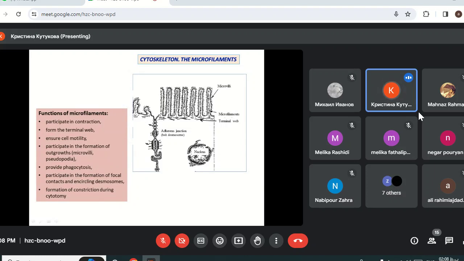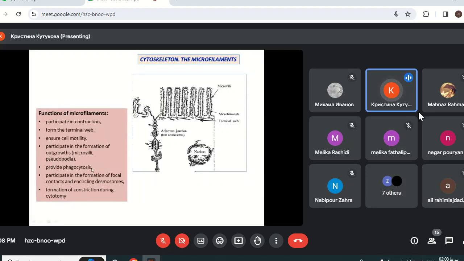They are contractile, so they can help the cell membrane to change its shape, and so they ensure cell motility. Also, they participate in formation of outgrowths, microvilli, which are shown here, microvilli covered with glycocalyx. This is the cell of the intestine. Also pseudopodia for movement, etc.